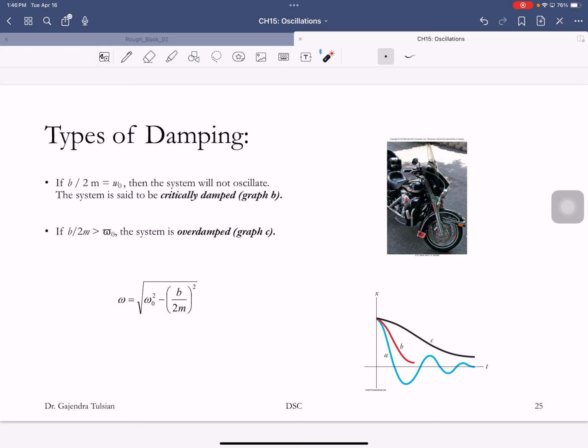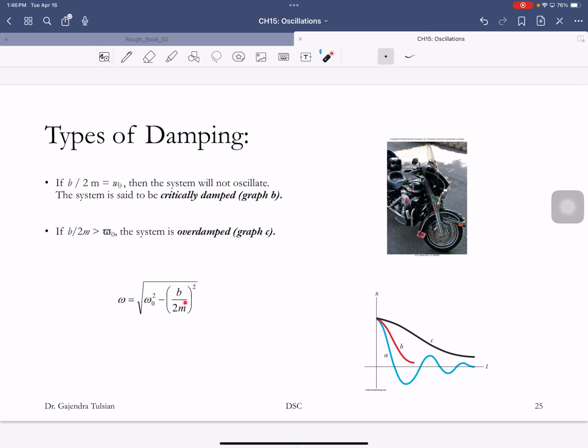Because if there are bumps in the road and stuff like that, they'll set your wheels in oscillation, and you don't want that oscillating. So what is the damper there? Yeah, the oil in the shock absorbers. So if you make this damper large enough, if this becomes zero, then it won't oscillate at all.